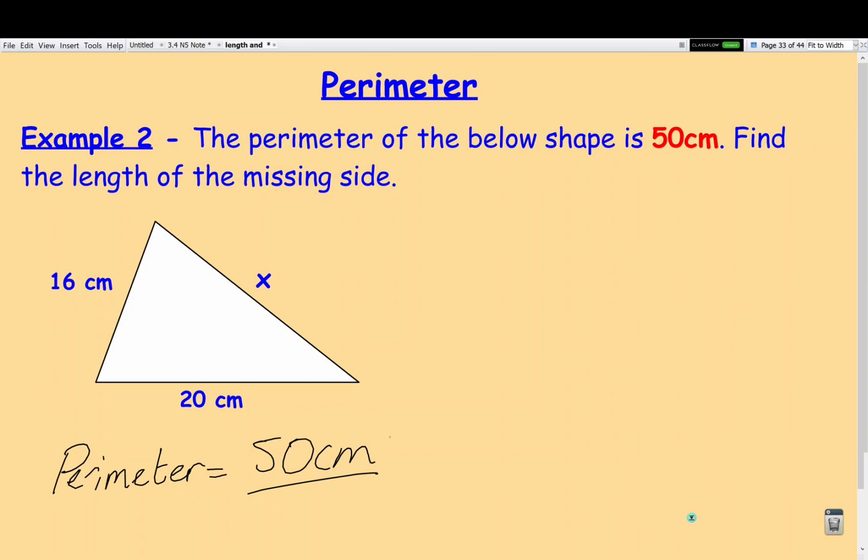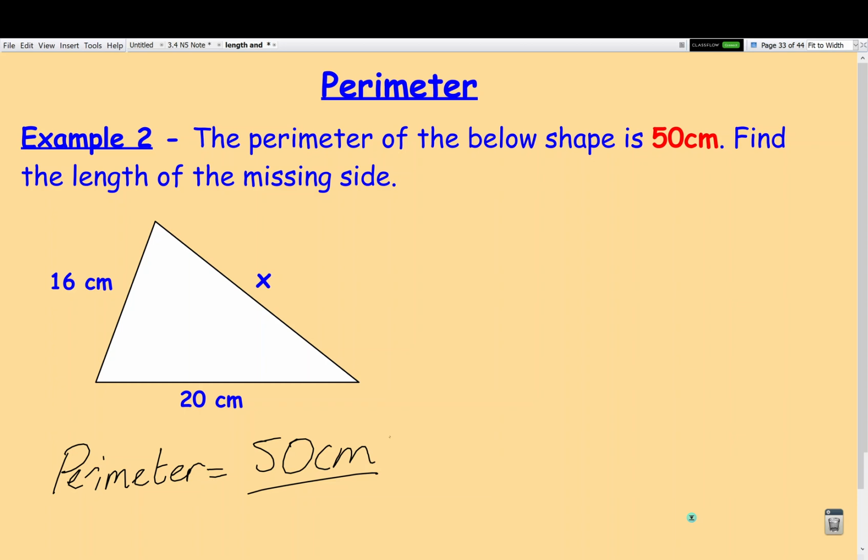Now, I'm sure some of you have already come up with the answer to this. If I have 3 sides, I would add them together to give me 50. So if I know what 2 of them are, the third one has to add with the other 2 to give a total of 50, doesn't it? Or you can think of it as 50 take away 20, take away 16.